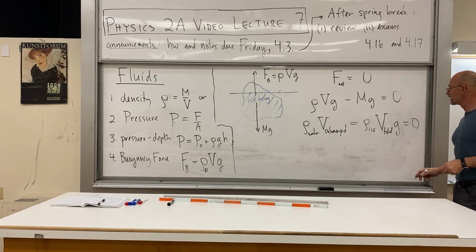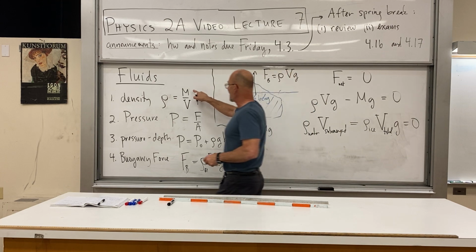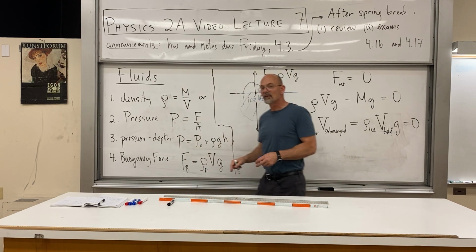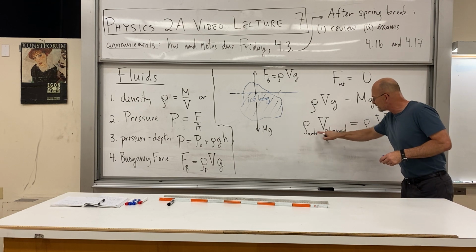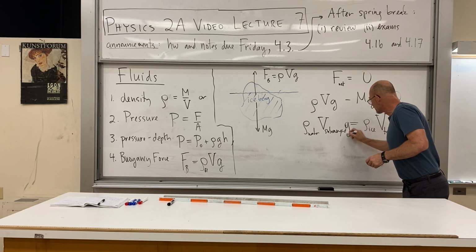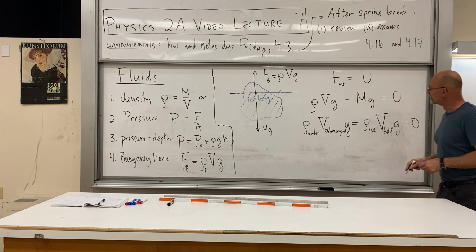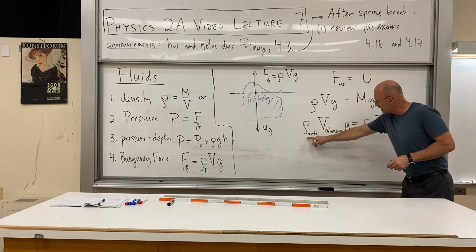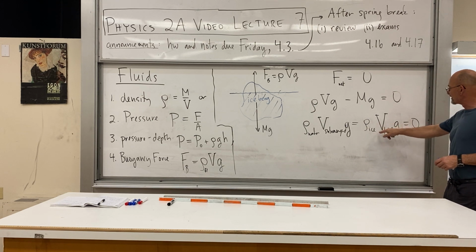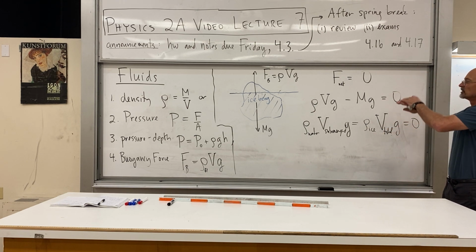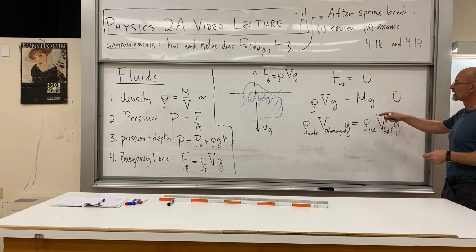Okay. So here's an important step. Remember, I told you that doing m equals rho times V is a common move, and here we see it. So now we have two different densities. Oh, by the way, there was a g here. Sorry about that. Vg. So we have density of water, V submerged, times g equals density of ice, V total. Total volume of the ice. Density times volume is mass.